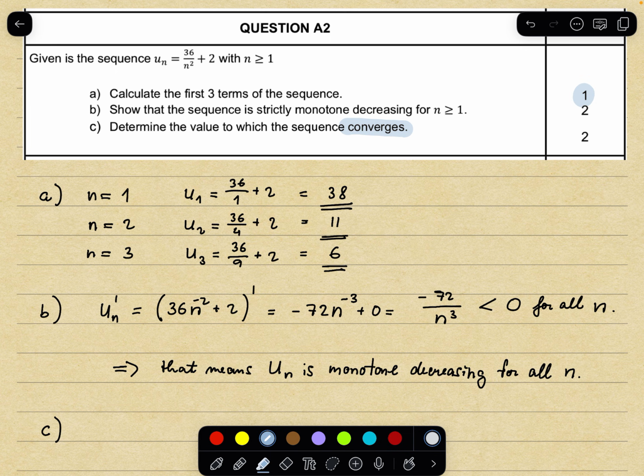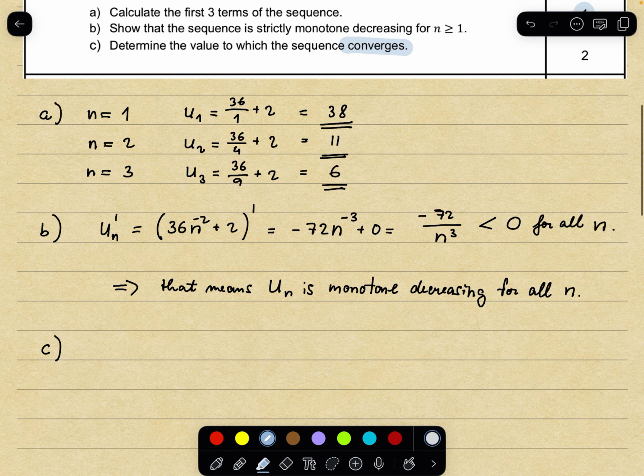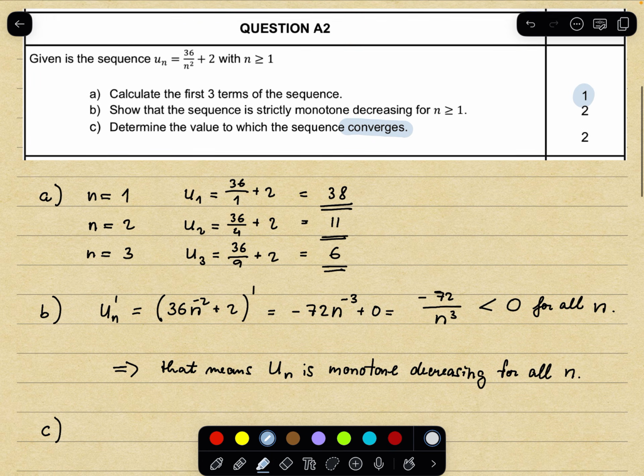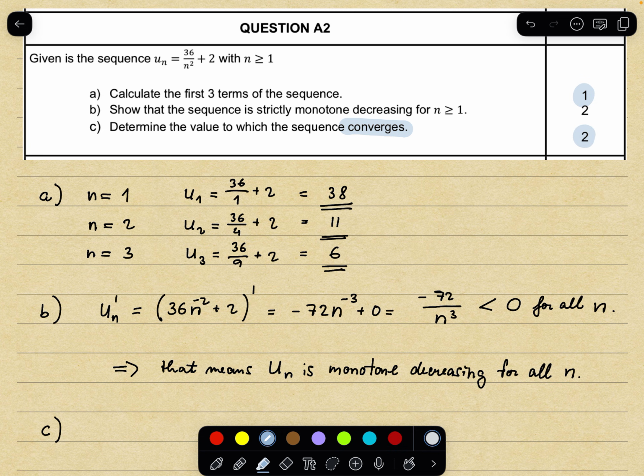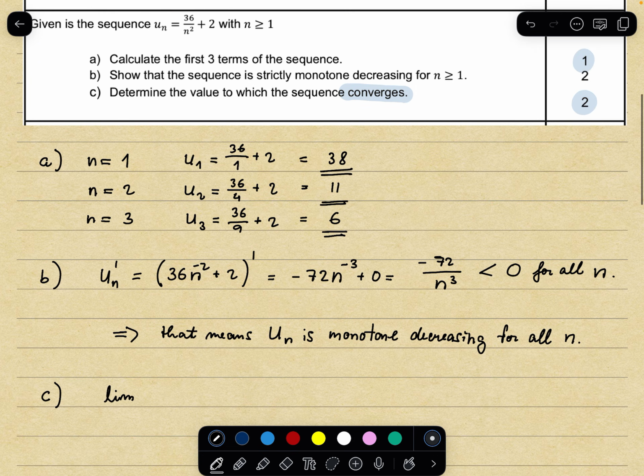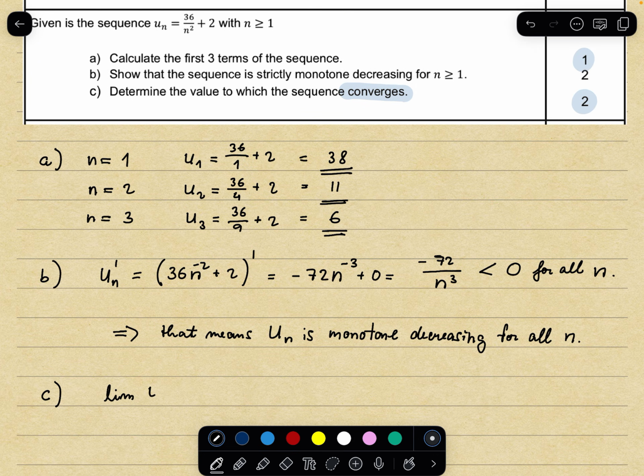Some of you may recognize the form of that function or what its graph would kind of look like. But to earn the 2 marks that are possible here, one of the marks was for writing that we're looking for the limit of u_n as n approaches infinity.